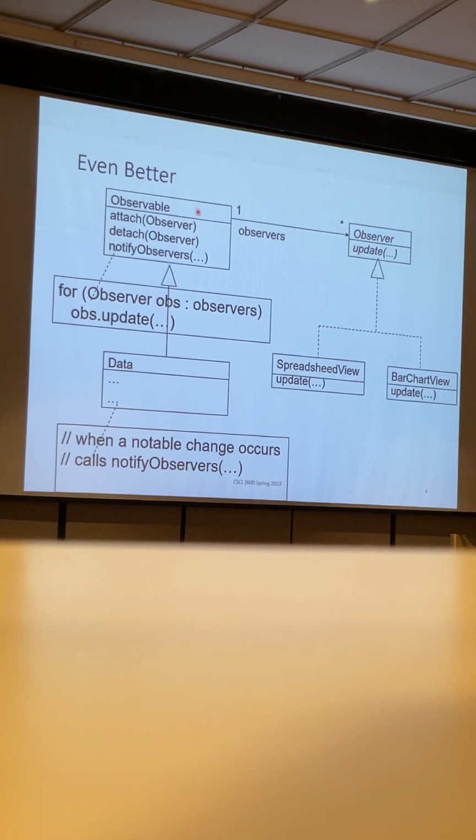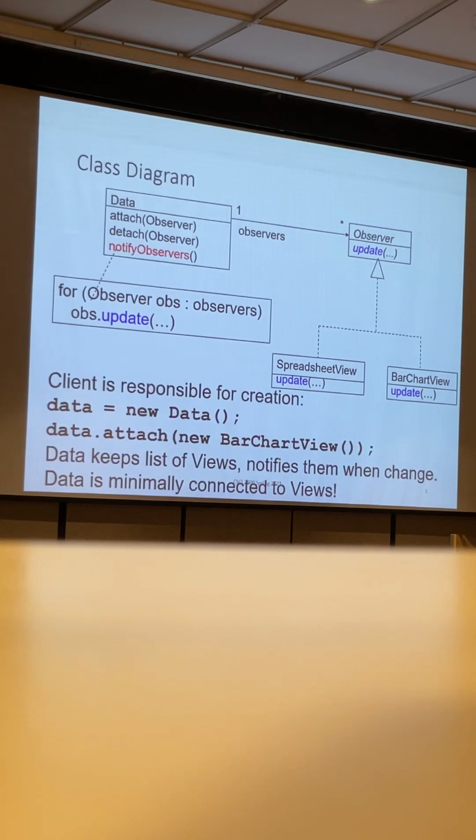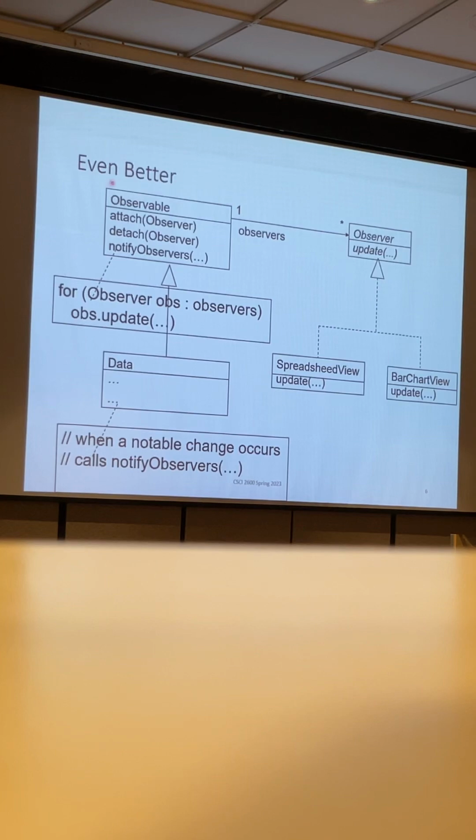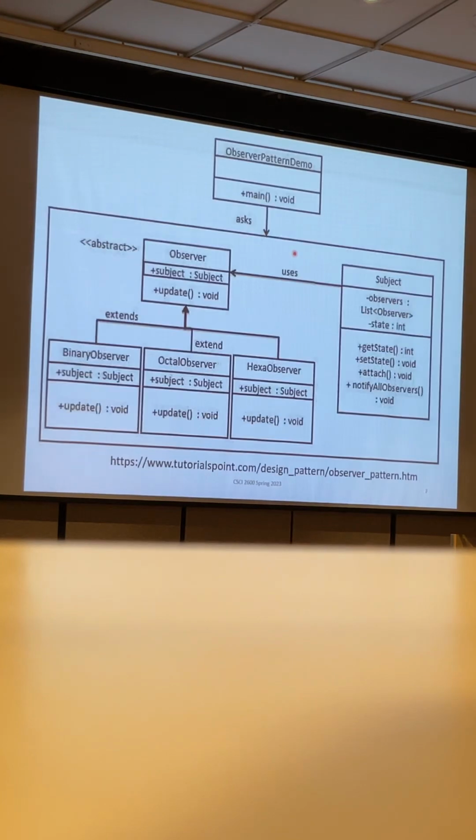It probably should be an interface, or an abstract class. And data is now implementing or extending, depending on whether it's an interface or an abstract class, the observable. So doing this guarantees that our model is going to have attach, detach, and notify observers. So the difference is here data is just a standalone class extending object. Here data extends observable. All right, so that would be the observer pattern.